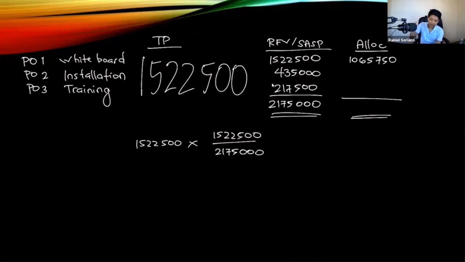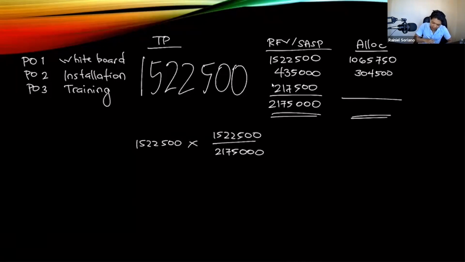Okay? For the installation, same thing, 1,522,500 divided by 2,175 ka muna, right? And then times natin yan. So 435,000, what you'll compute here is 304,500. Okay?